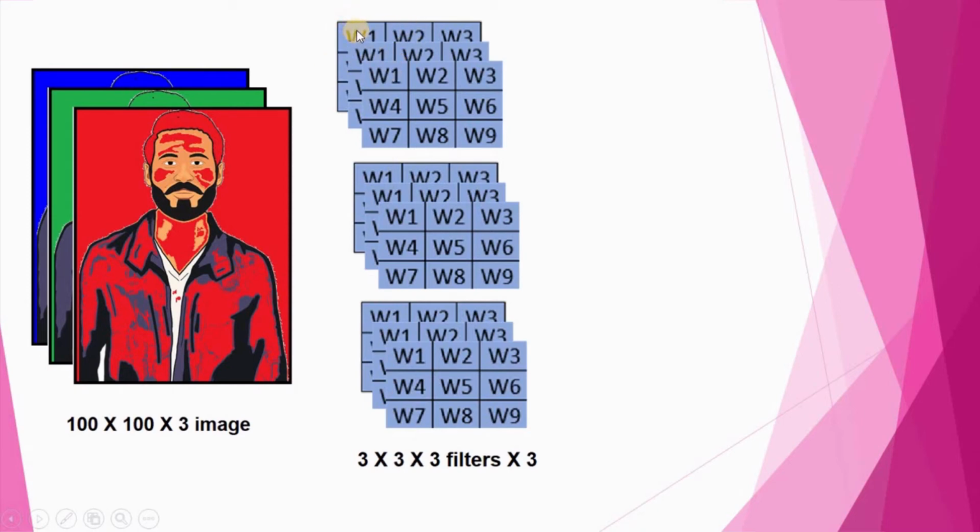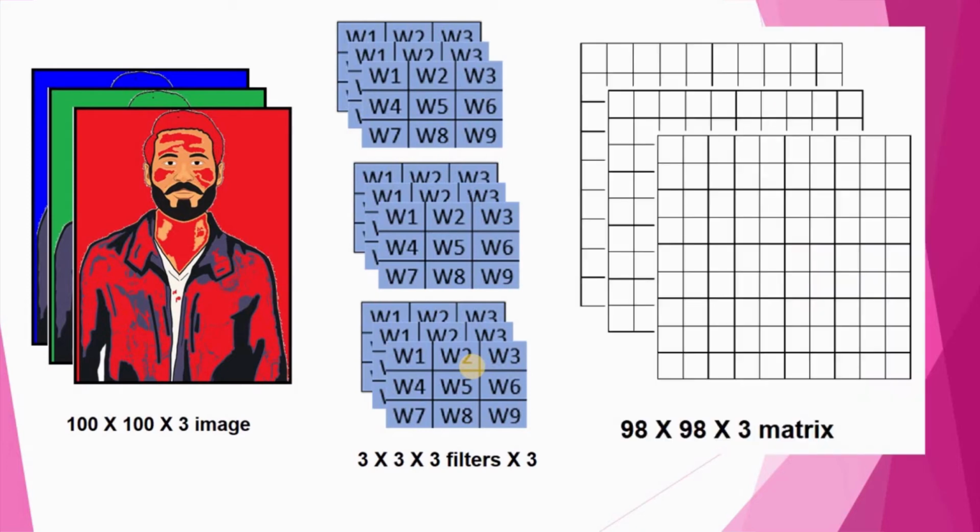So this is for B, means blue, this is for green, this is for red. And you can take any number of filters here. I have taken 3, so 1, 2, 3. And we can take as many filters as we like, and similarly like before, it updates the pixel values, and the new image will be a 98 by 98 by 3 matrix. So this is the first step of convolutional neural network.